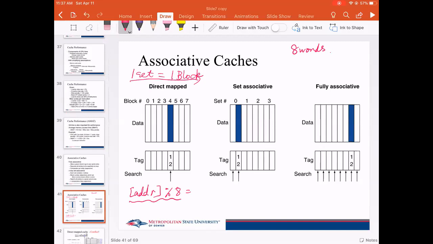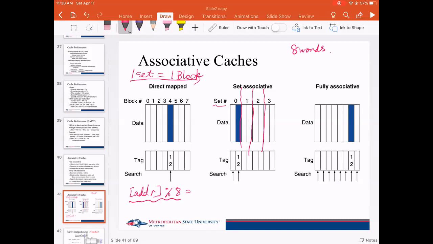So what is set associative cache? The general structure is you still have 8 words placed into your cache, so your cache overall capacity is exactly the same. However, instead of having 8 sets, you only have 4 sets, and each set includes 2 blocks.